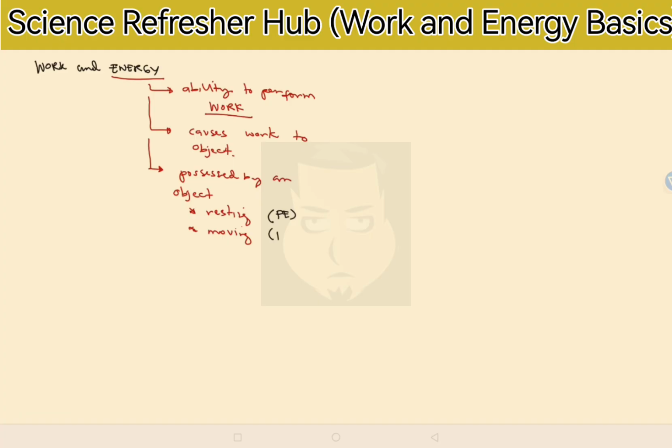In moving object, of course, we have kinetic energy. So this potential energy, energy at rest, or kinetic energy, energy in motion, helps in doing work. Energy is the ability to do work possessed by object, either resting or moving. This energy could be able to make work to happen.